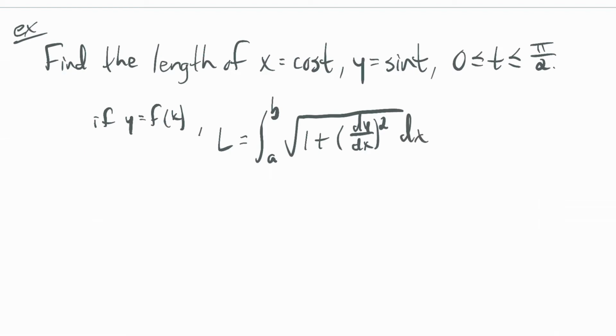Okay. I'm going to skip the details, much like with finding the area under a curve. And I'm just going to give you, if you have a parameterization, how do you find this?